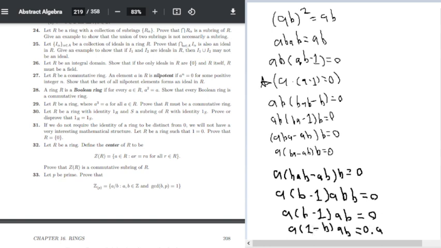Alright, so A, B. So we have A, and then we multiply by AB, minus BAB is equal to 0. A, no, okay. Shoot.